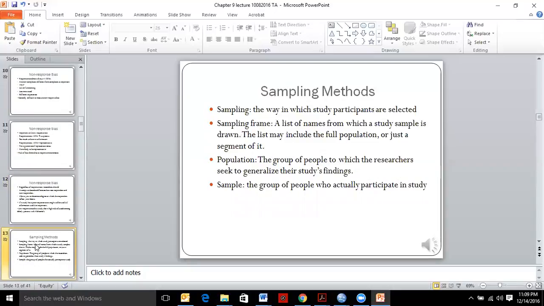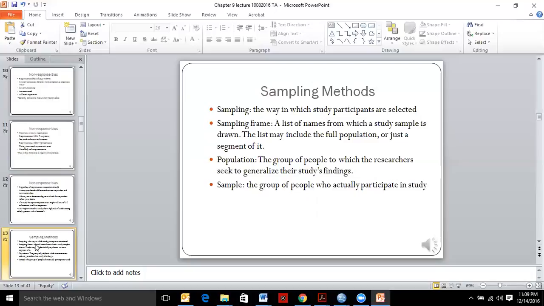So we talked about the sample, we talked about response rate, but the very first step in this process is sampling. So we will define some terms here. Sampling is the way in which study participants are selected.